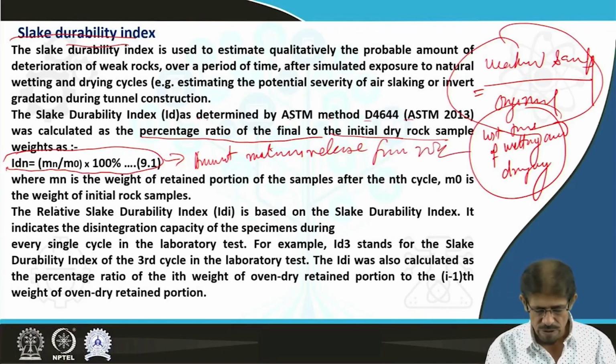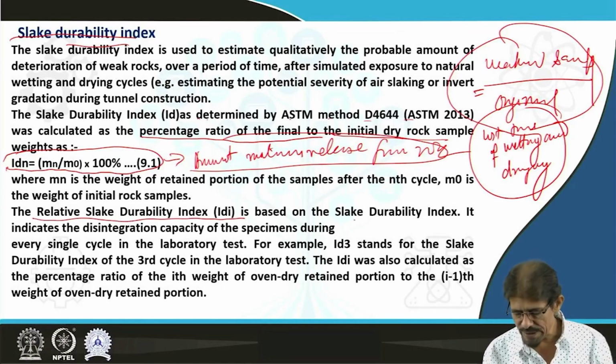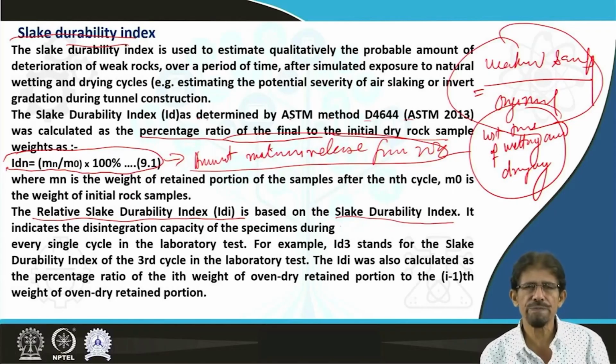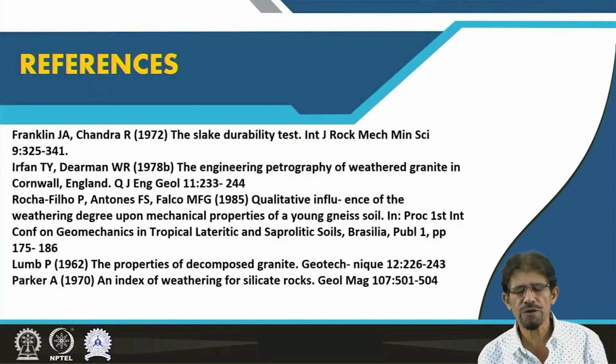When we compare this, we utilize it as the relative slake durability index, and this index is used to categorize different types of rocks for estimating weatherability in a quantitative way. Slake durability is also important for indirectly estimating the strength of rocks.